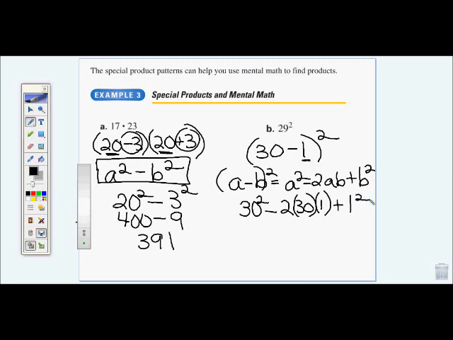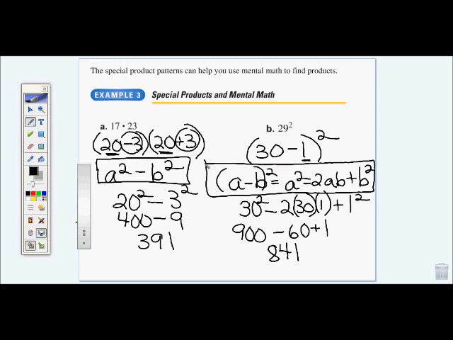So 30 squared would be 900, minus 60, plus 1. That should be mental math for you again, 841. So using our patterns, we can change one that would be maybe difficult into pattern form so that we could do it mentally.